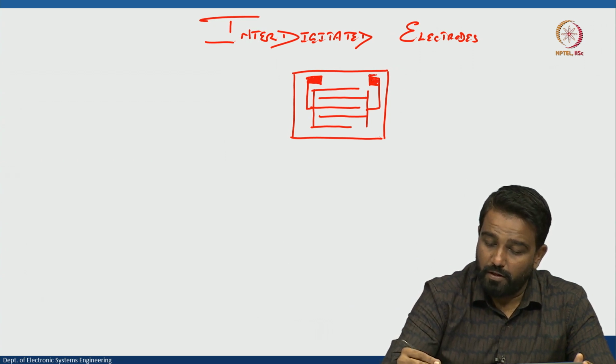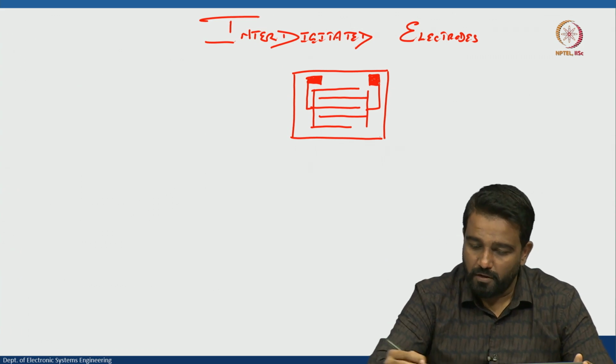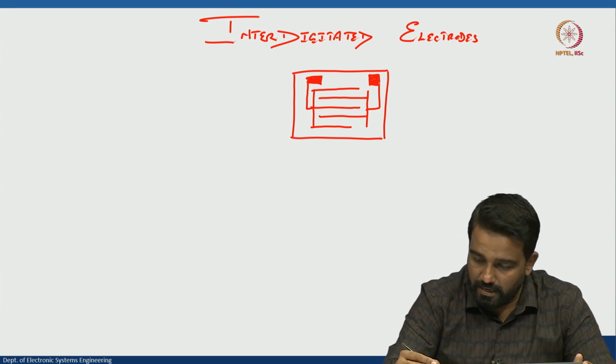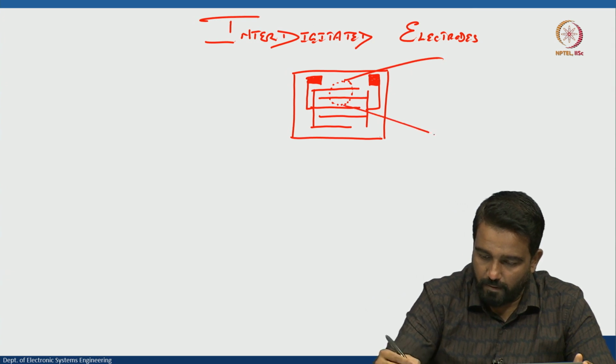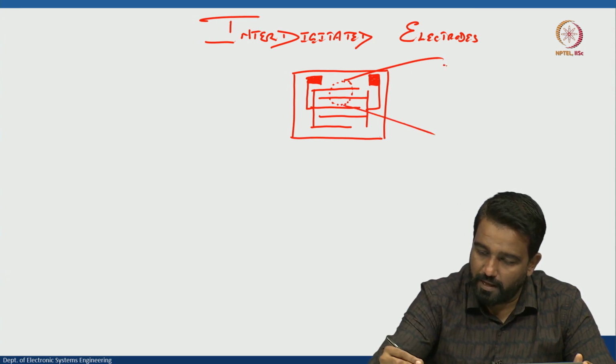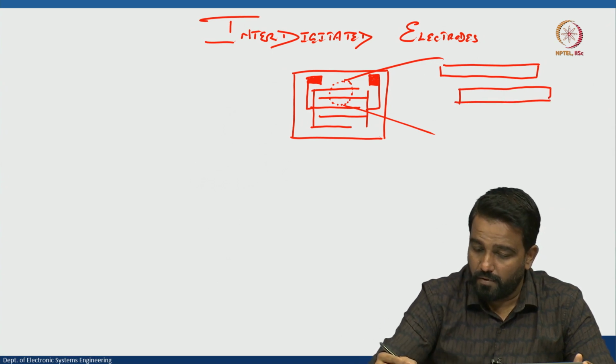Now, when I draw the line, if you zoom in, it has a width and spacing, right. So, suppose I just take this section and I zoom in, how does it look? It looks like this. Okay.